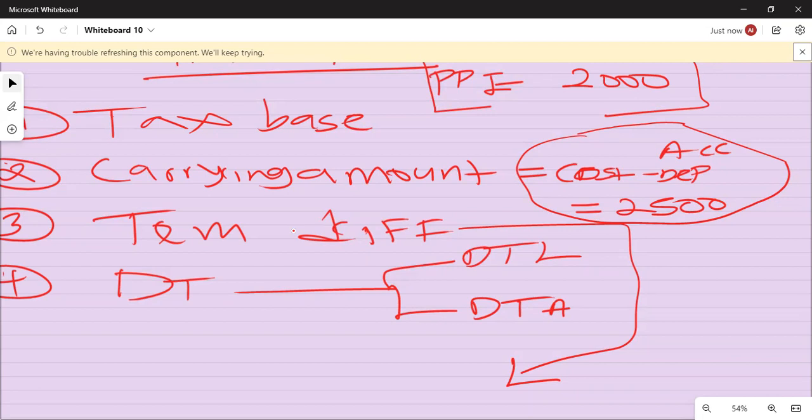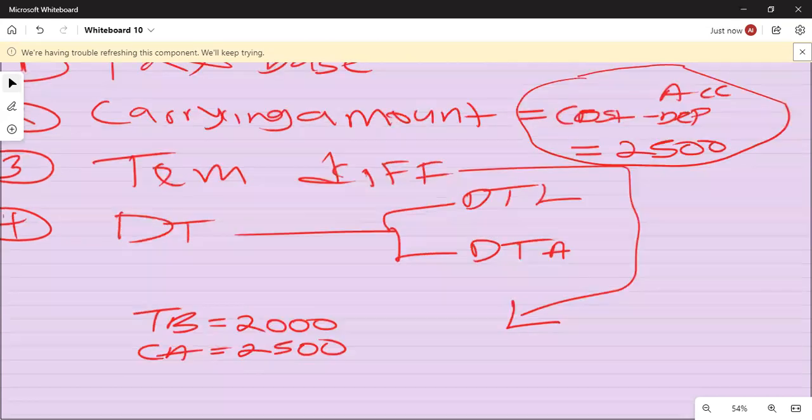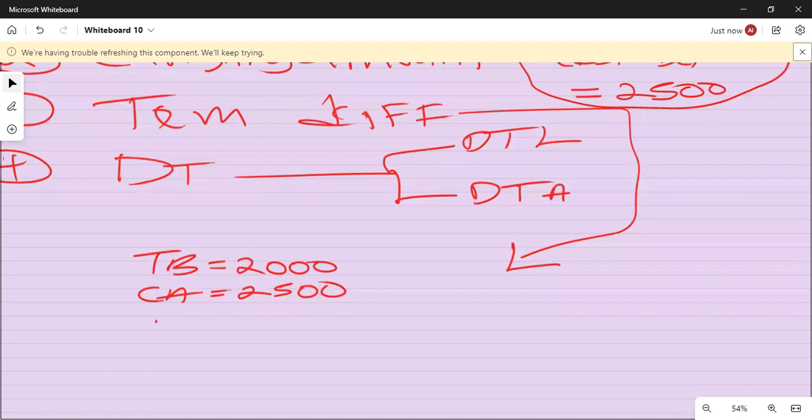So here now, the tax base is 2000. The carrying amount is 25. The difference between the two is what we call temporary difference. So we have a temporary difference of 500.